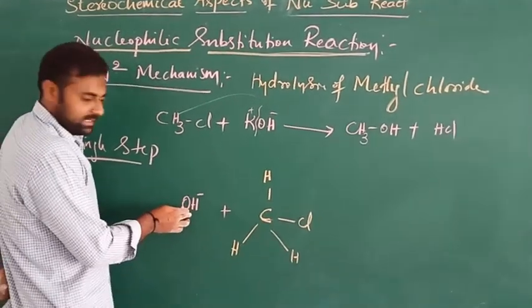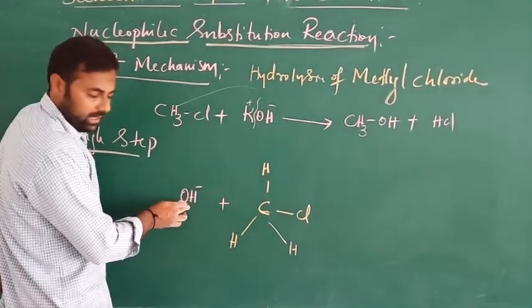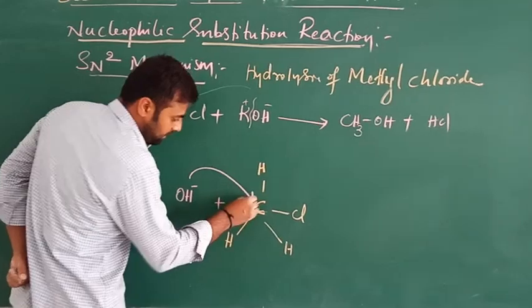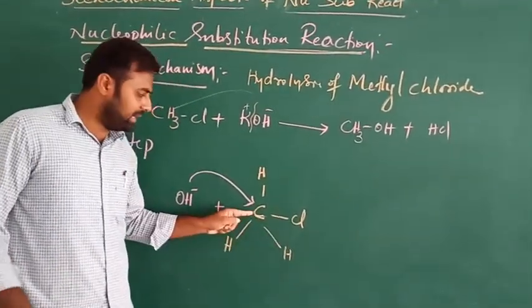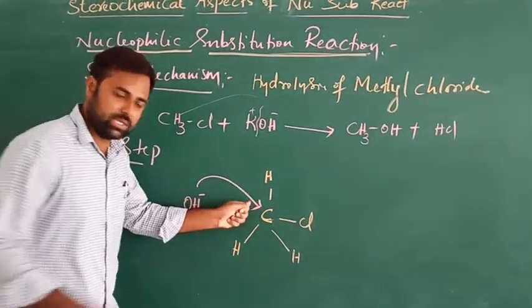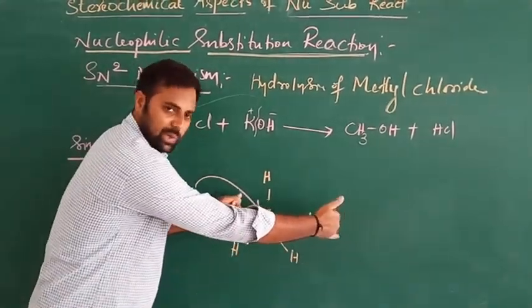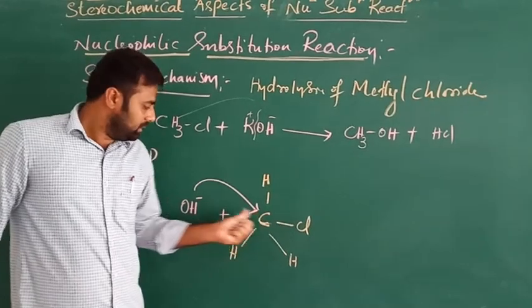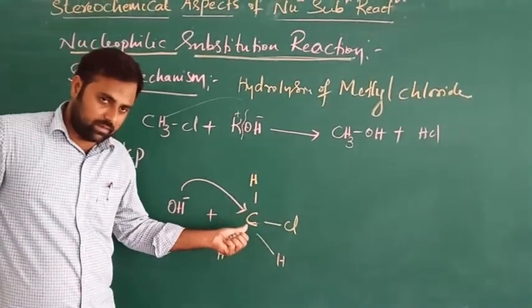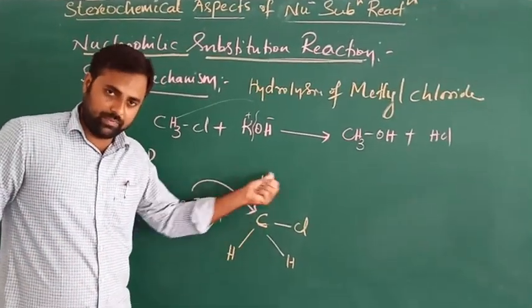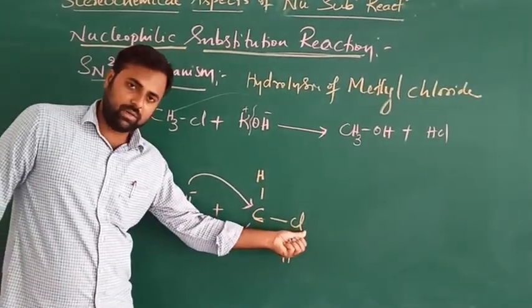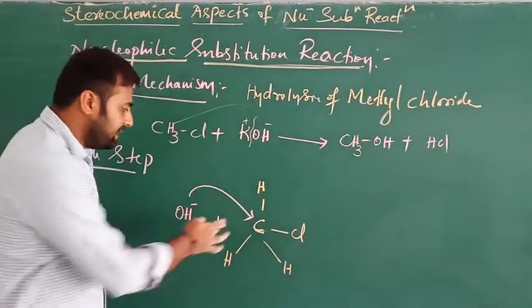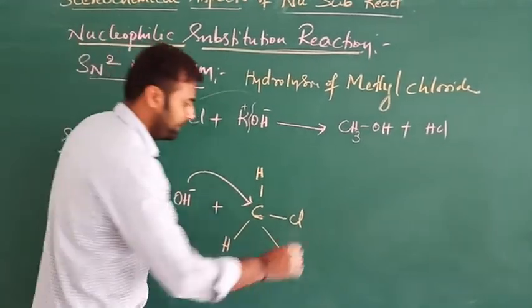This OH minus ion acts as a nucleophile and is going to attack the carbon atom of the alkyl halide from the direction opposite to the halogen present, meaning the chlorine present. This OH minus attacks the carbon atom of methyl chloride from the direction opposite to the chlorine atom to form a C-OH bond.